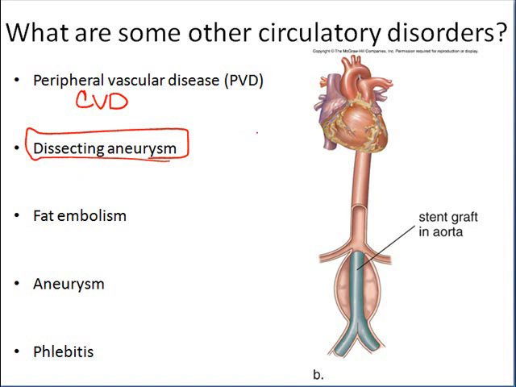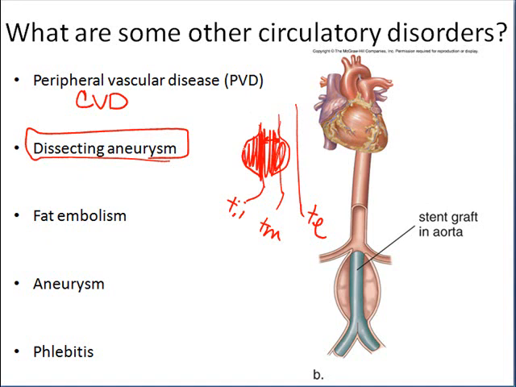Well, remember, there are three layers to a blood vessel: the tunica intima, the tunica media, and the tunica externa. If I get a splitting apart of two of these layers, if they pull apart from one another, the space that results can fill with blood. That's called a dissecting aneurysm. Okay, so when the tunics split apart from each other and blood accumulates in the space in between, that's a dissecting aneurysm.